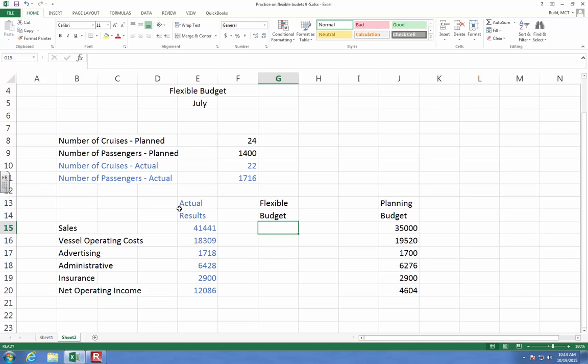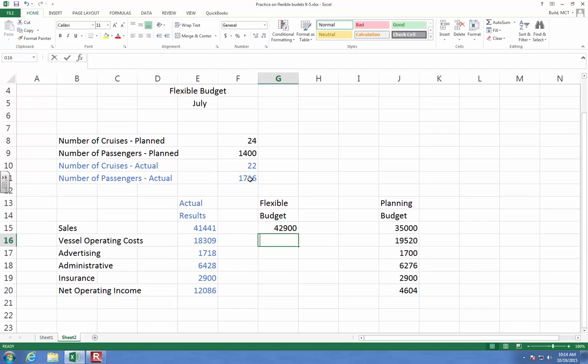Yeah, the actual, right? So can somebody just give me the numbers that they have in here? Did you finish it up? So our flexible budget for sales, number of passengers times, I think we charge $25 a pop, correct? Yep.